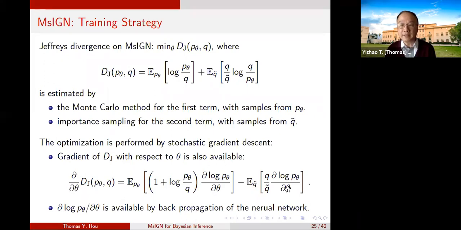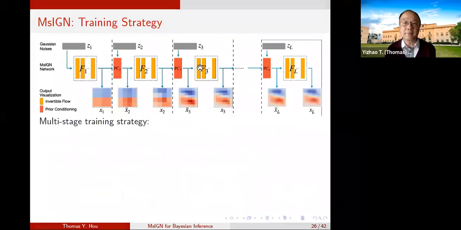For this term we don't actually need the invertible map. The derivative of log p theta with respect to theta can be computed by backpropagation of the neural network. So you can apply stochastic gradient descent to minimize this discrepancy.